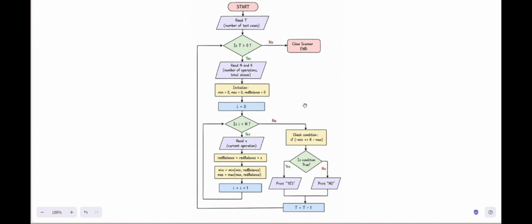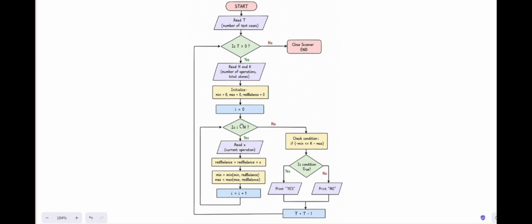We will be running a loop from i equal to 0 until n minus 1, and for each iteration we will input x, that is the current operation. Red balance, we will add the x in the red balance. It doesn't matter whether x is positive or negative, we will add it in the red balance. x is here basically the trade parameter of each customer.